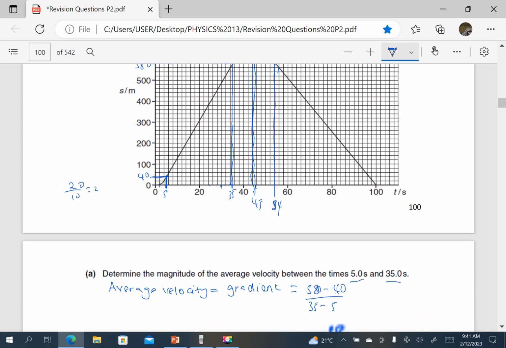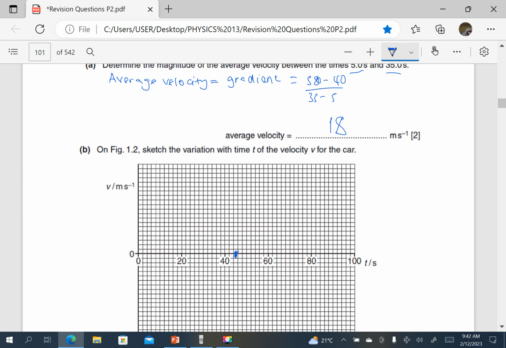So the most important values of time are going to be 35: 30, 32, 34, 35 here. Between 35 and 45, the gradient is constant, but the velocity is decreasing.